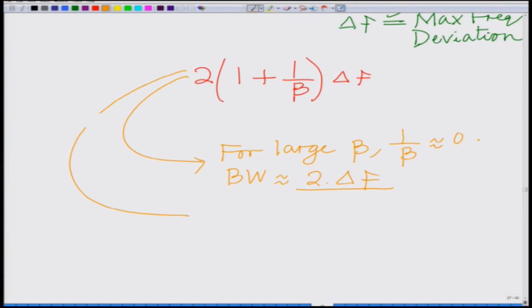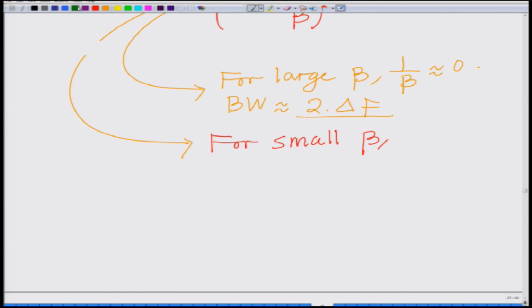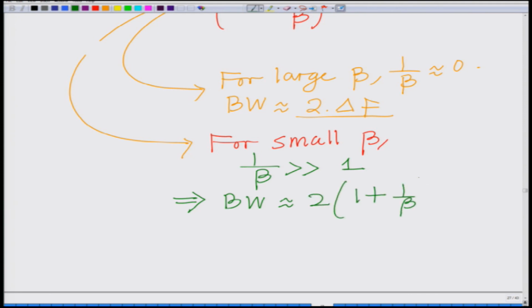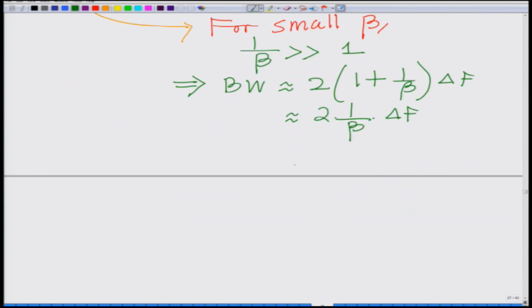Now, for small values of beta, when beta is very small, approximately close to 0, then 1 over beta is much greater than 1. So the bandwidth, twice (1 plus 1 over beta) delta f, is approximately twice 1 over beta into delta f. But remember beta is delta f by fm.